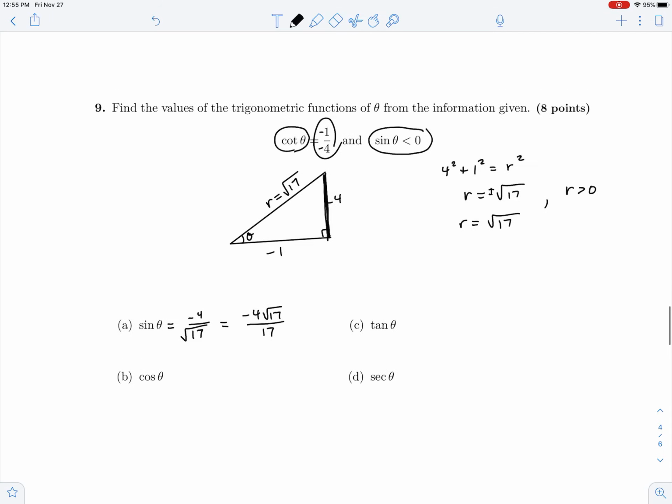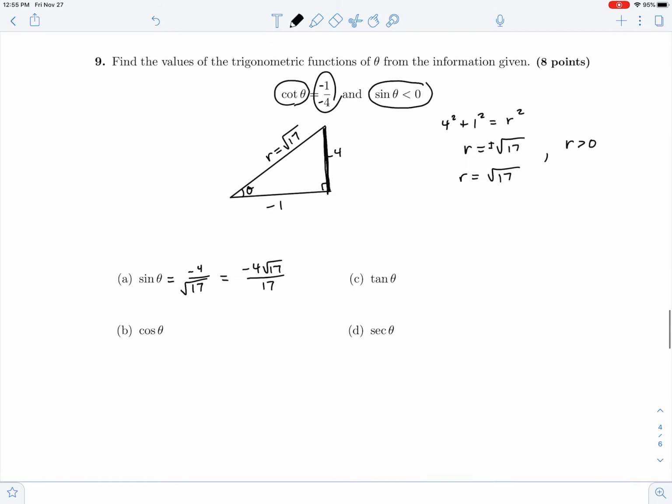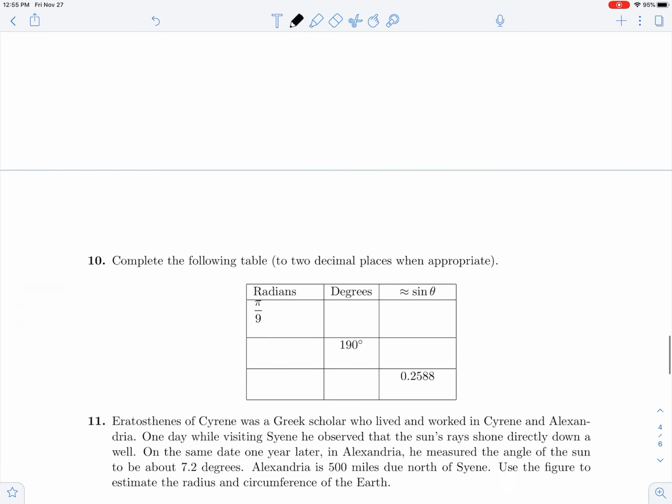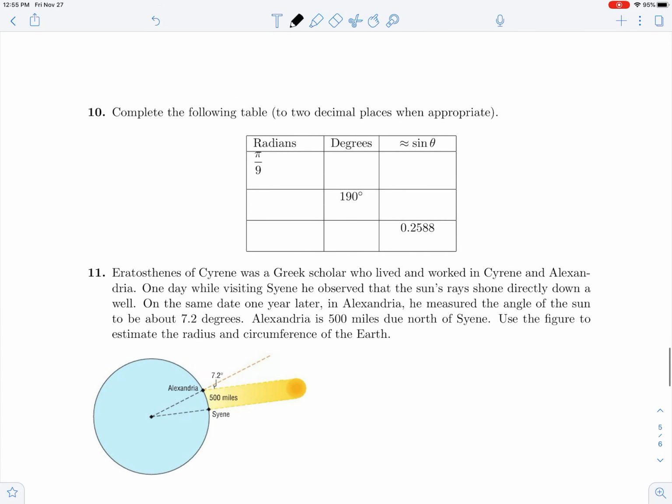And this problem was just to remind you that not all triangles are going to fit into the unit circle. Number 10 is really just calculator work, okay, and converting degrees to radians. Remember, 180 degrees is equal to pi.